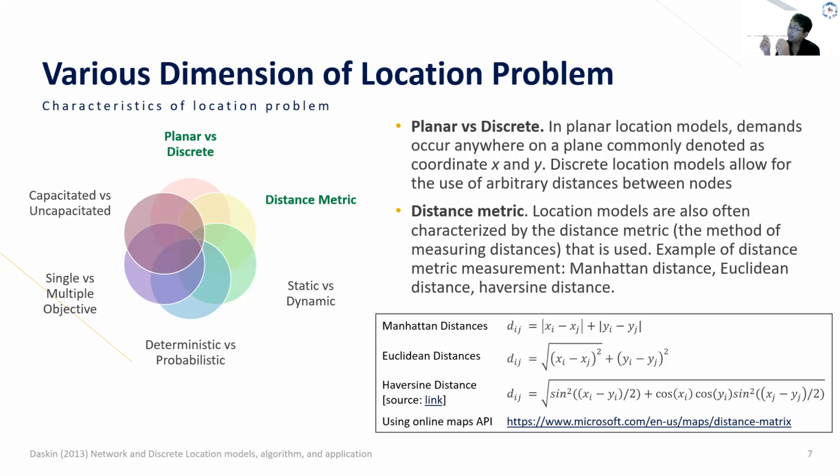But if you can measure the distance using a straight line, for example, let's say you want to deliver a product using a drone, so it's using an air network.